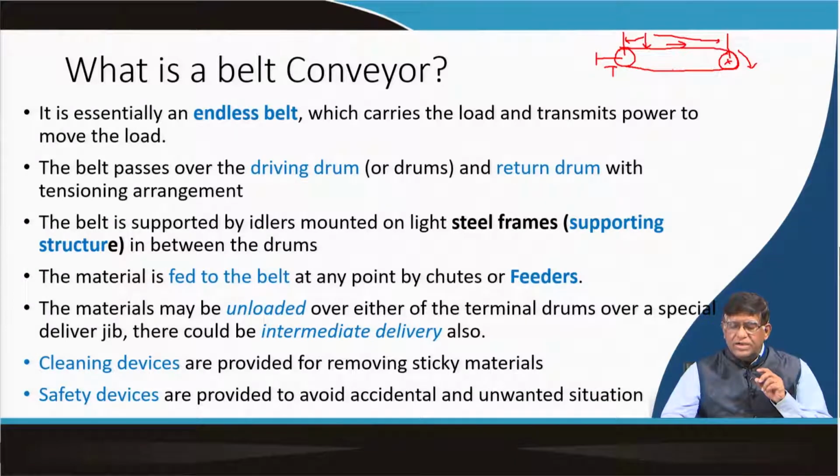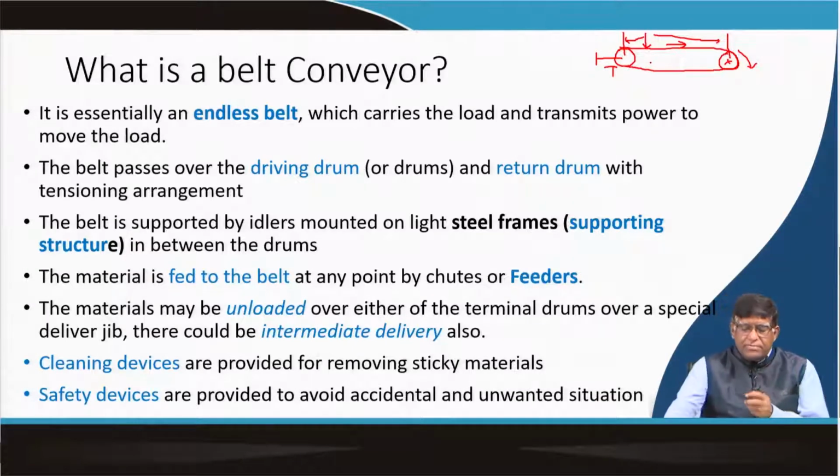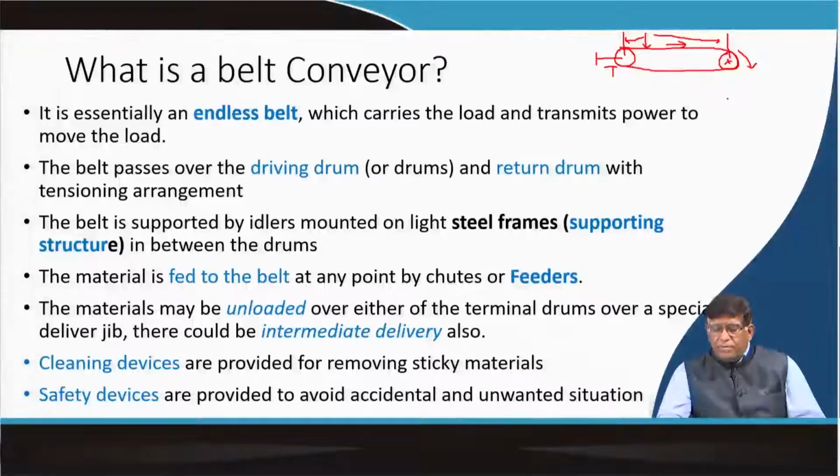So, basically a conveyor belt is an endless belt, and there is a driving drum and a return drum, and these will have to be placed on a supporting frame, because this belt will have to be supported. Suppose this is the belt, it will be supported on some rollers. This is a roller, or what we say an idler. There will be a set of 3 idlers making an arrangement like that.